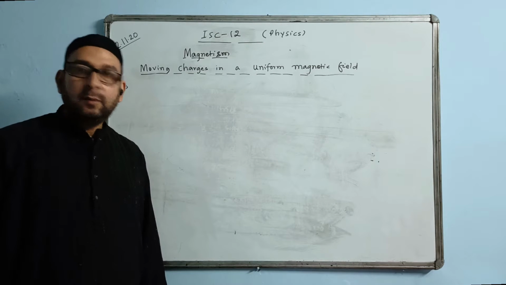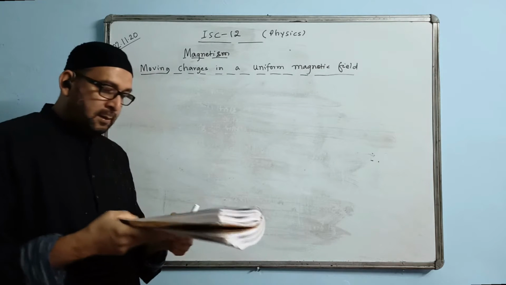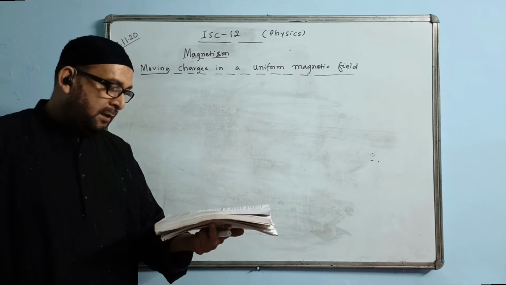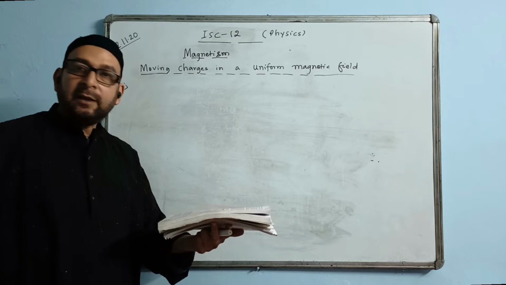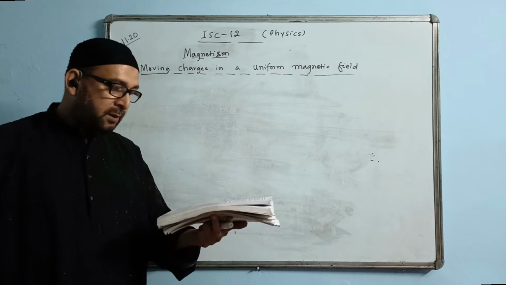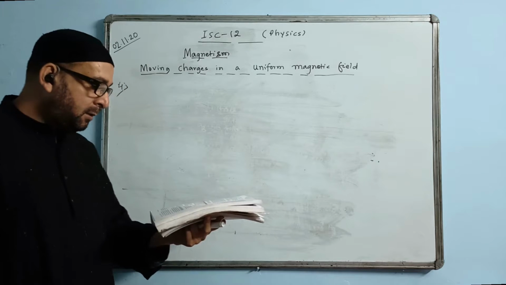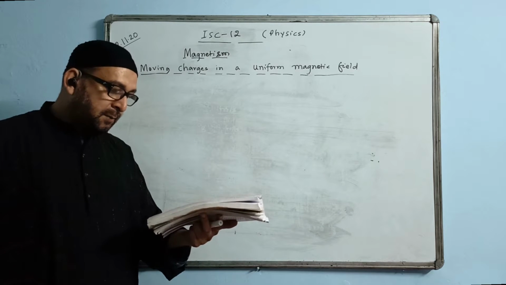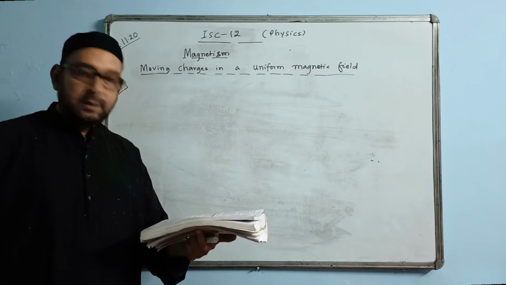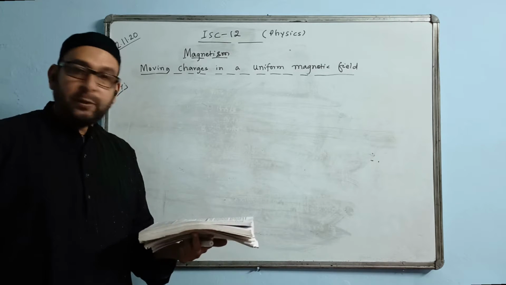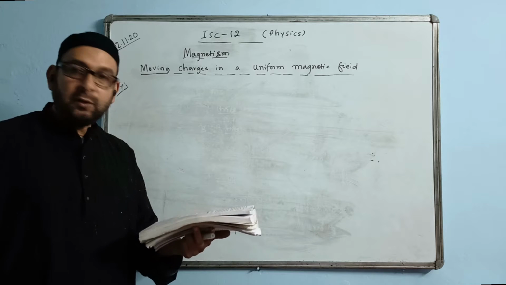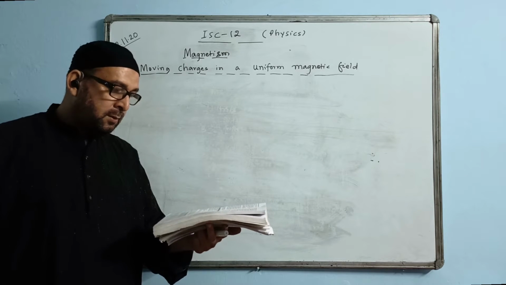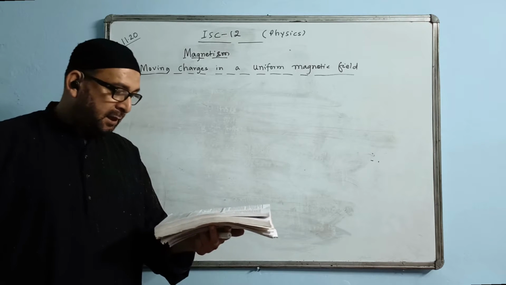An electron starting from rest is accelerated by passing through a potential difference of 1000 volt before entering a magnetic field.